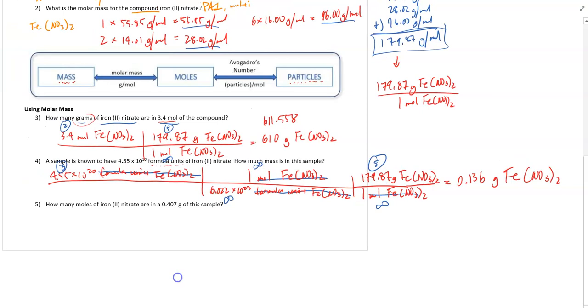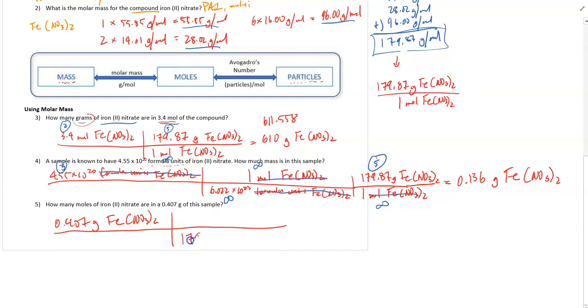Finally, the question is how many moles of iron nitrate are in 0.407 grams of this sample. So once again, thinking about this, you're given a gram amount here. We're being asked for a mole amount. All we need to apply is molar mass. So let's make it happen. 0.407 grams of iron nitrate. Go ahead and apply the molar mass. The molar mass is still the same as before.